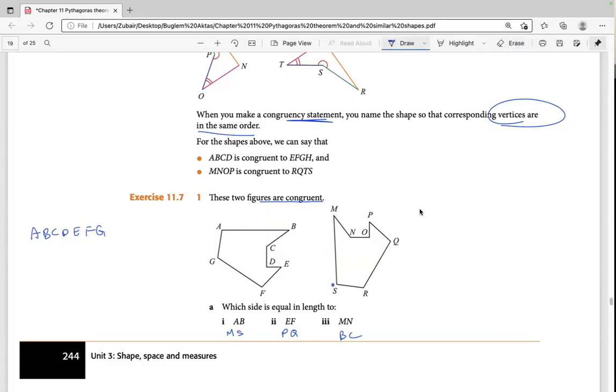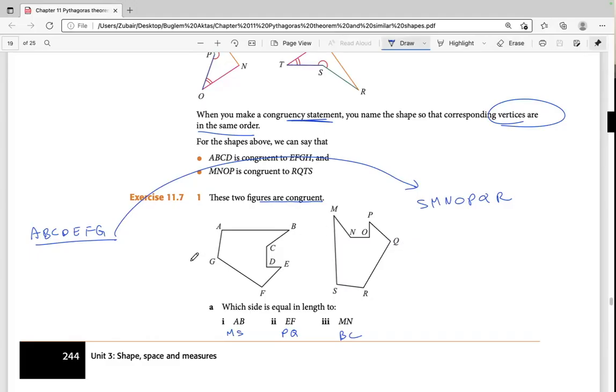So we start with S, M, N, O, P, Q, R. So we'll state that A, B, C, D, E, F, G is congruent to S, M, N, O, P, Q, R. So we just have to write that? Yes. And we'll say that angles are the same.